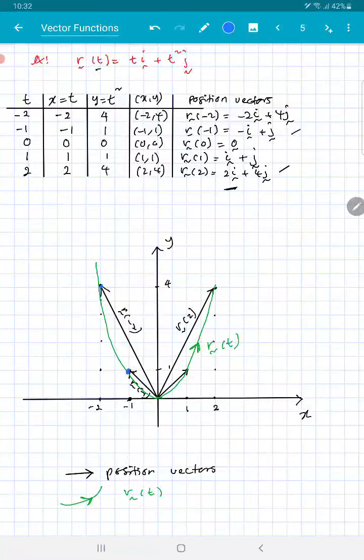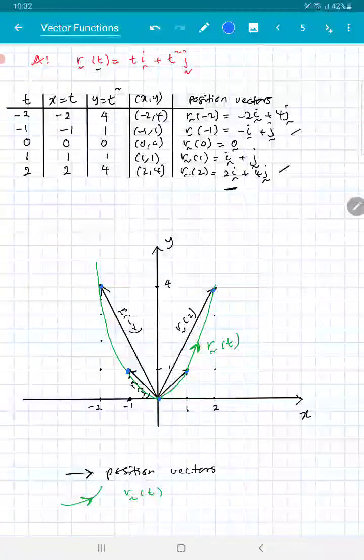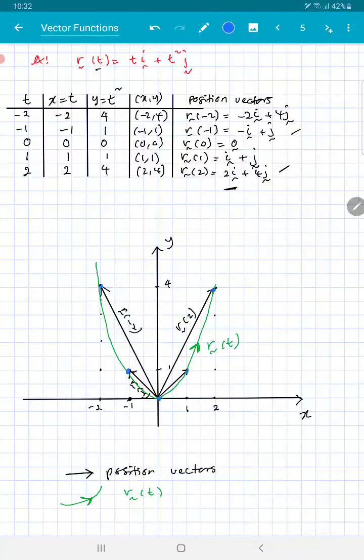Then this point is when t is -1, and this is when t is 0, 1, and 2. So the value of t increases as you move from left to right. Hence, the direction of your vector is from left to right. That's how you determine the direction of your vector function r(t).